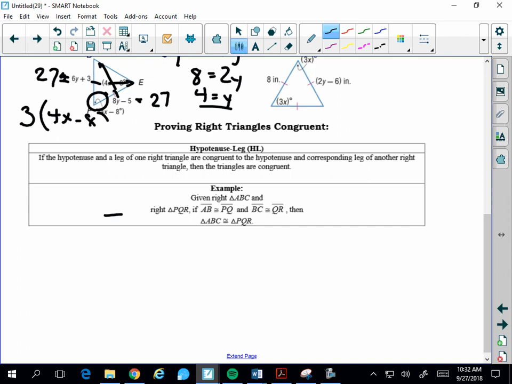So let's see, they gave me right triangle ABC. And that's my right triangle there. And they gave me right triangle PQR. Actually, this picture isn't going to make sense, is it? Let's redo that.